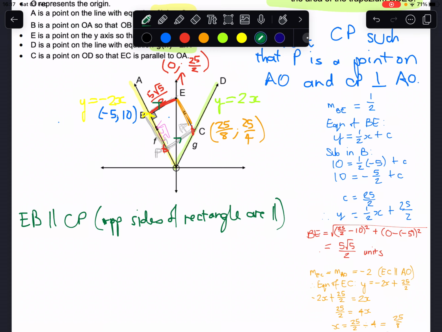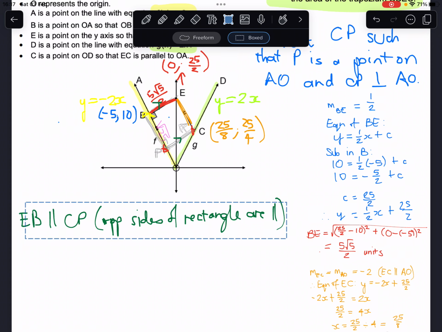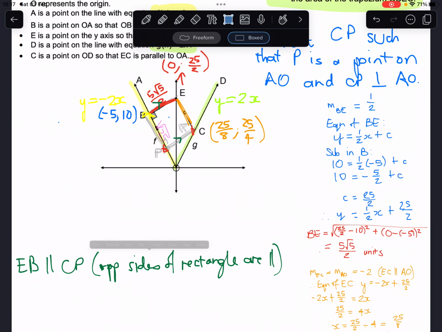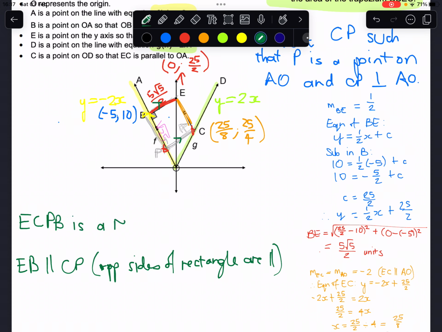We just need to justify that real quick. So ECPB is a rectangle because, okay, I'm taking too many shortcuts. Let's do this.